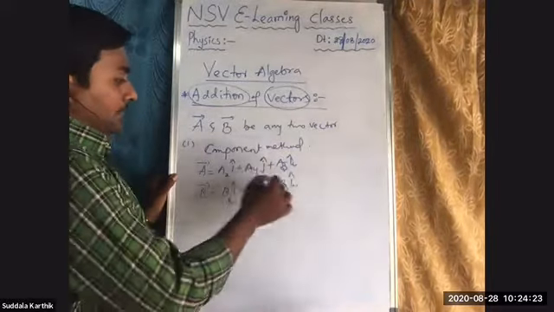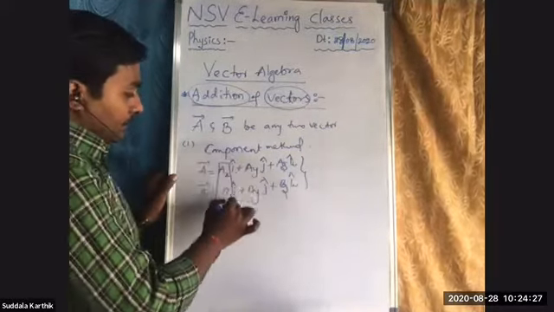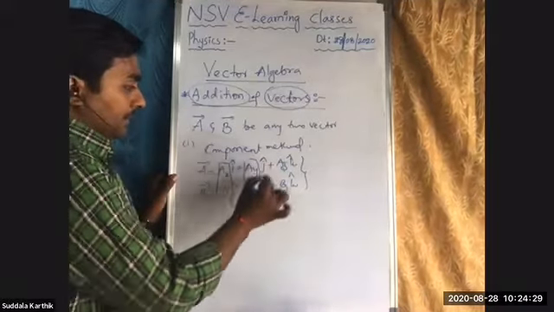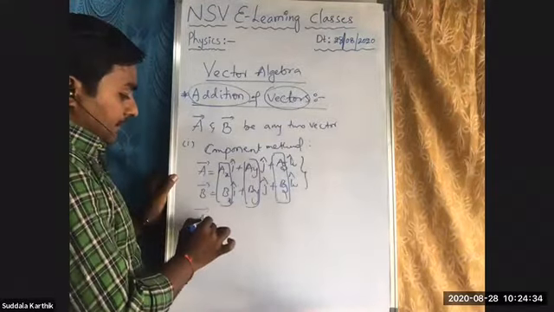For that, add the x components, the y components, and the z components. The symbol for addition is plus.